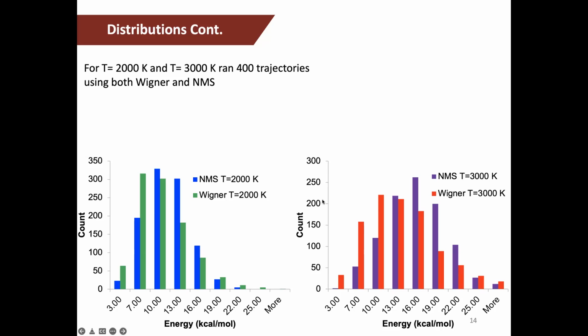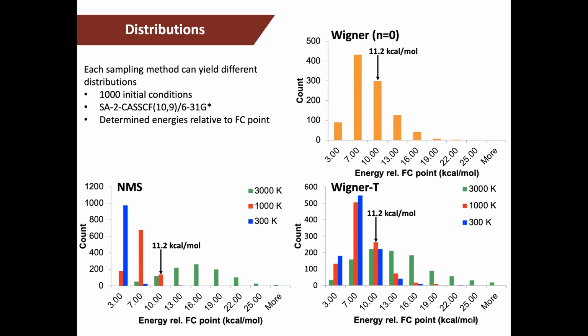Also, you're propagating your molecule semi-classically, so I think the initial condition, even if it has quantum mechanical nature, gets washed out as a function of time. So I would suggest that for lower temperatures and more experimental conditions you would probably want to use Wigner sampling, but at higher temperatures, you could probably use normal mode sampling.